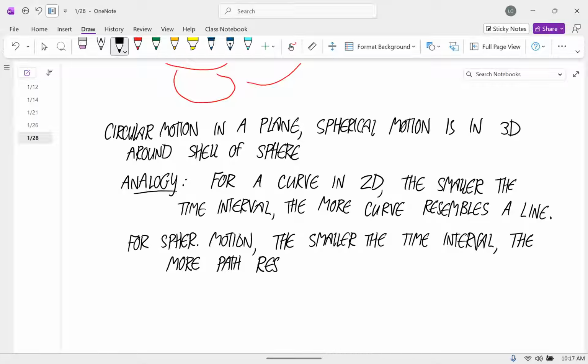So the more the path resembles a circle in a single plane.